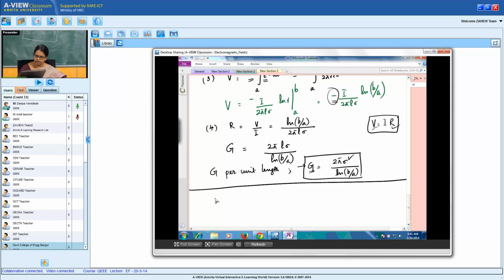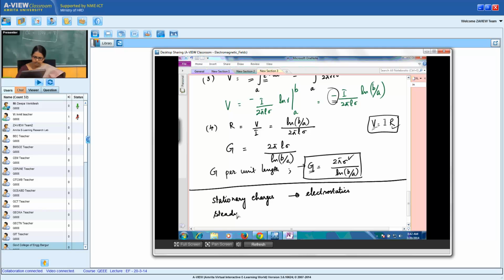Electrostatics, if I had stationary charges, it gave me the concept of electrostatics, where I am defining electric field, potential, work, and so on.